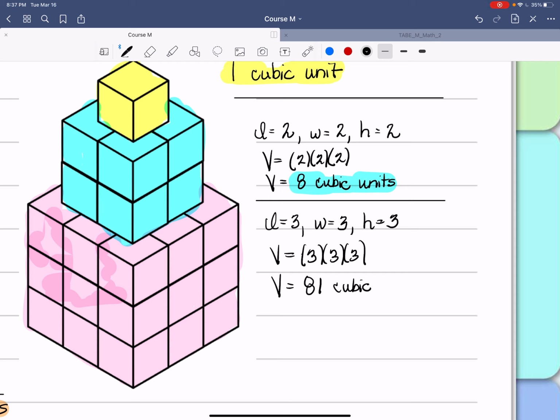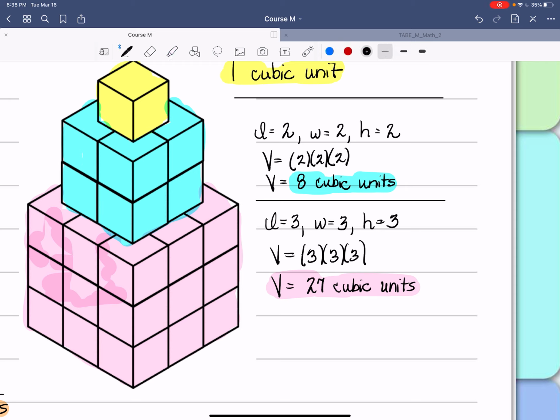It's 27. I went to the 4th power. 3 times 3 times 3 is 27 cubic units. But you saw an example there of how I am programmed to always ask myself, does it fit? 81 cubic units, that doesn't fit. That's too much for that pink box.